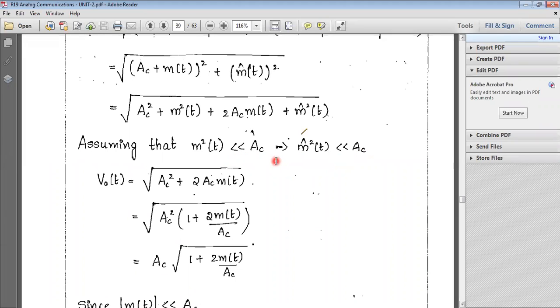Why do we take these assumptions here? Already you know the message signal is very, very less compared to the carrier. So therefore, the m square of t parameter is far less compared to AC. Similarly, m cap square t is far less compared to AC.